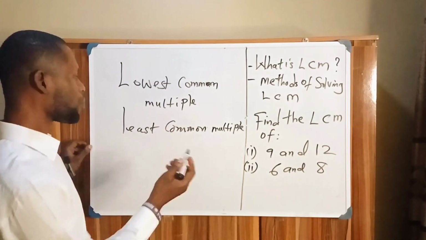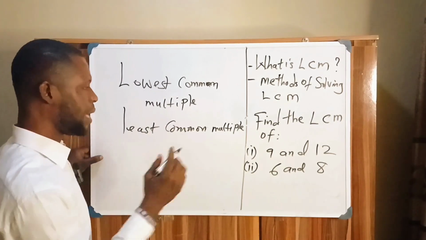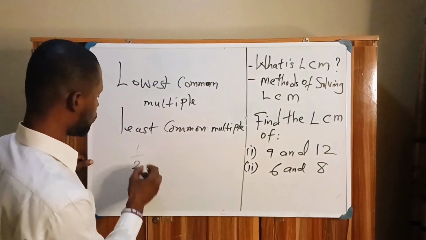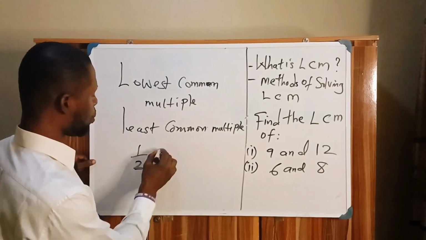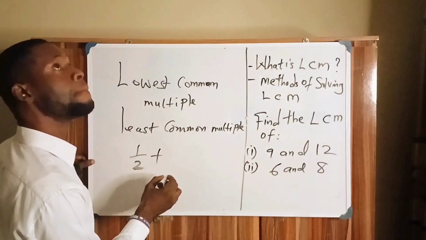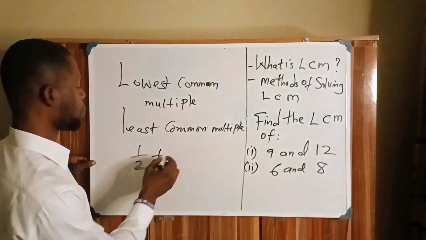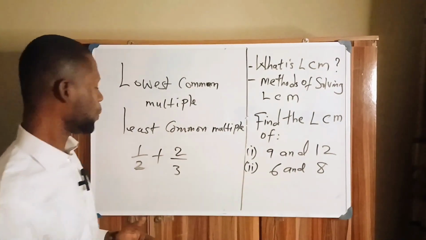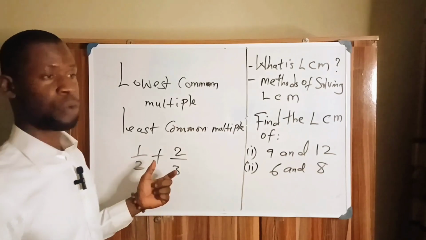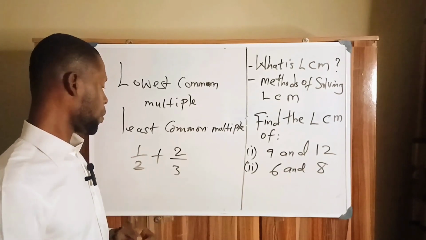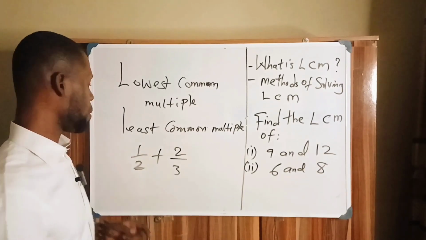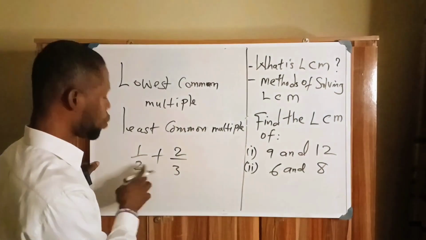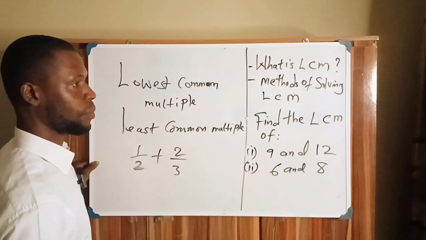For example, if you are asked to add 1 over 2 plus 2 over 3, the only way you can add this problem successfully is when you know the LCM of 2 and 3.